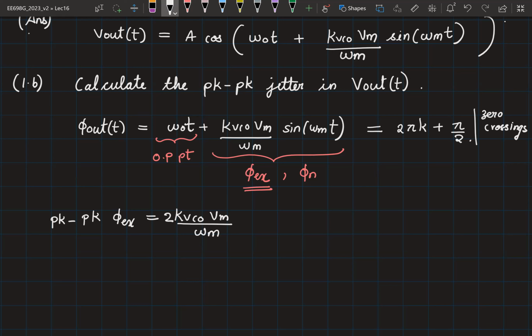Now, how do I convert this to jitter? How do I convert phase to something in time domain? T naught divided by 2 pi, or divide by omega naught, right?